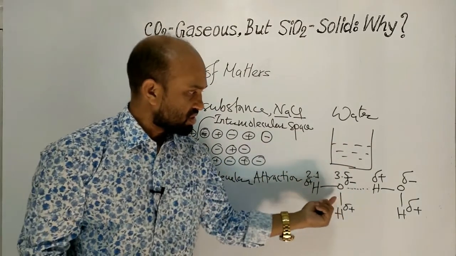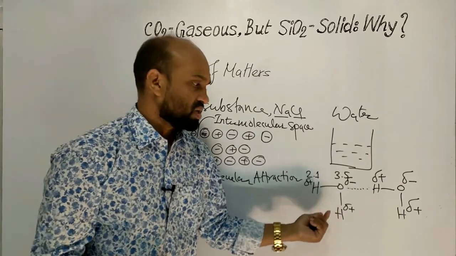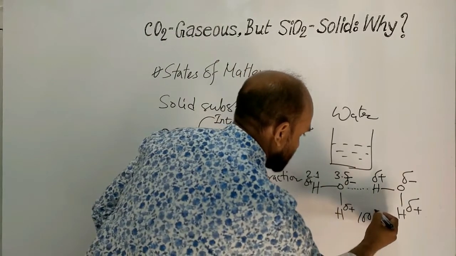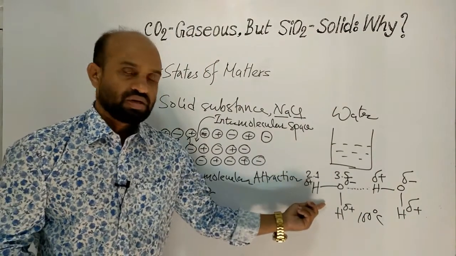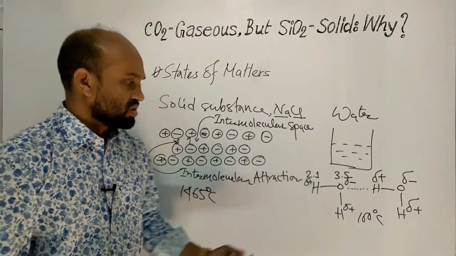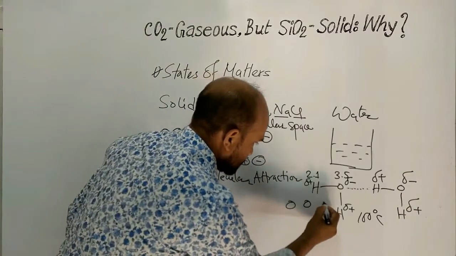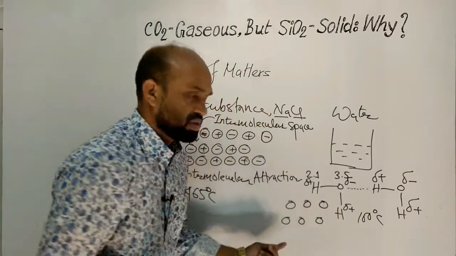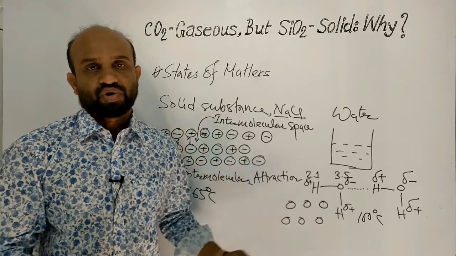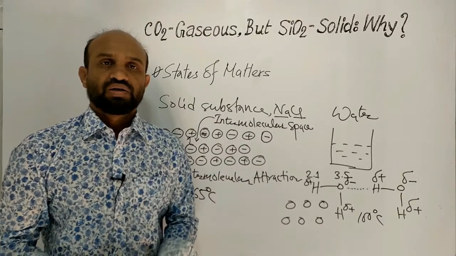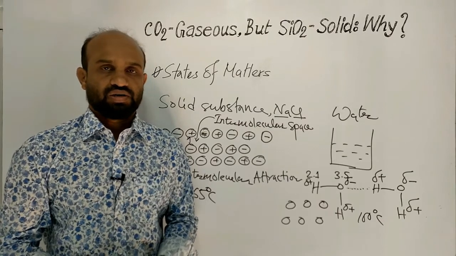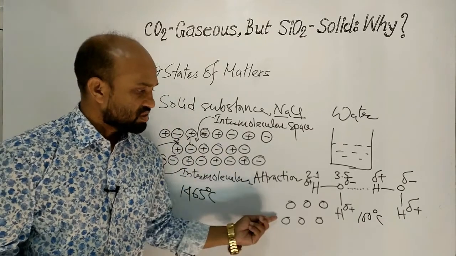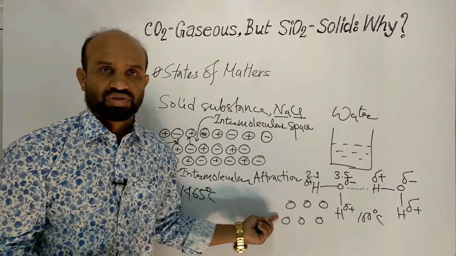That is why the boiling point of water is only 100 degrees Celsius, and in a liquid substance molecules remain apart from each other. Only weak intermolecular attraction force is there. This is the structure of a liquid substance.